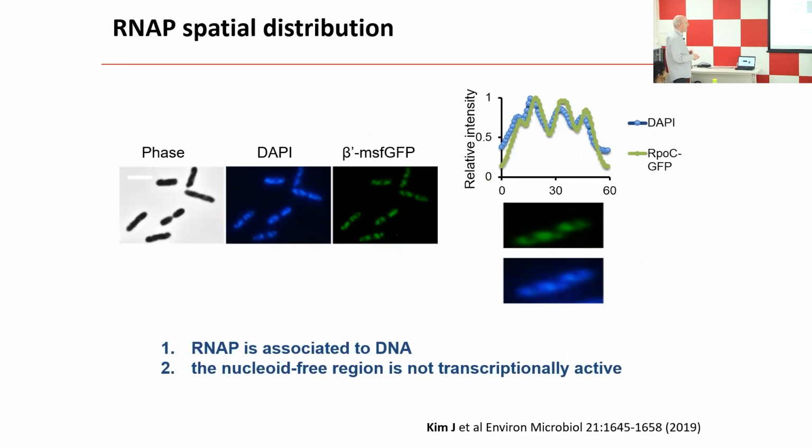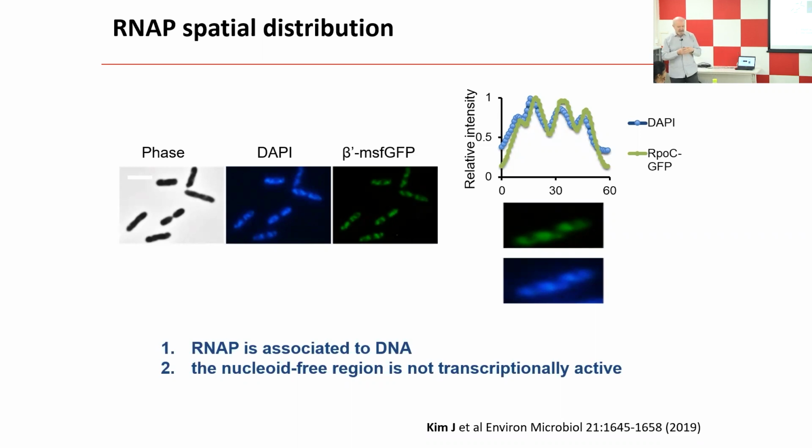And interestingly, if you stain the cells with a dye called DAPI, the DAPI binds the DNA. So we have two fluorescent markers. One of them reveals the position of RNA polymerase, the other reveals the position of DNA. And what you obtain when you look at the cells is a perfect overlap between the signal that comes from DNA and the signal that comes from RNA polymerase.